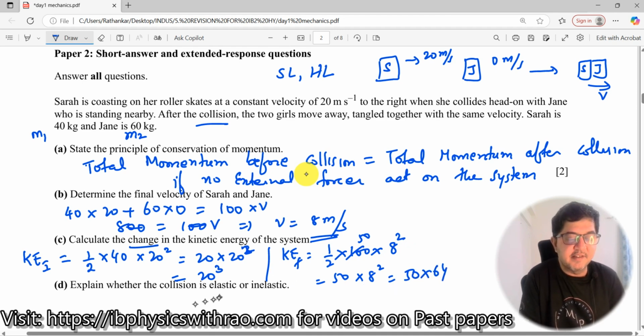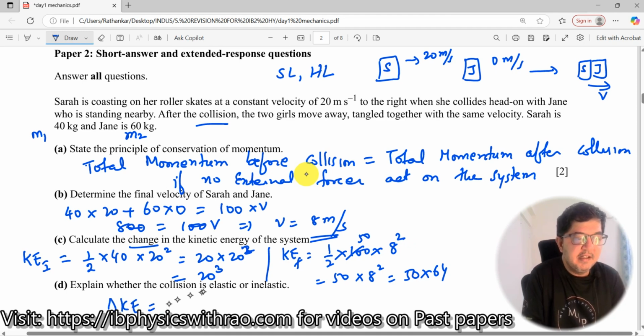I need the difference. Delta kinetic energy will now be 20 cube, which is 2 cube into 10 cube, which would be 8 into 10 cube, minus this, 50 into 64, which is 3200. Now this will be 8000, this will be 3200.